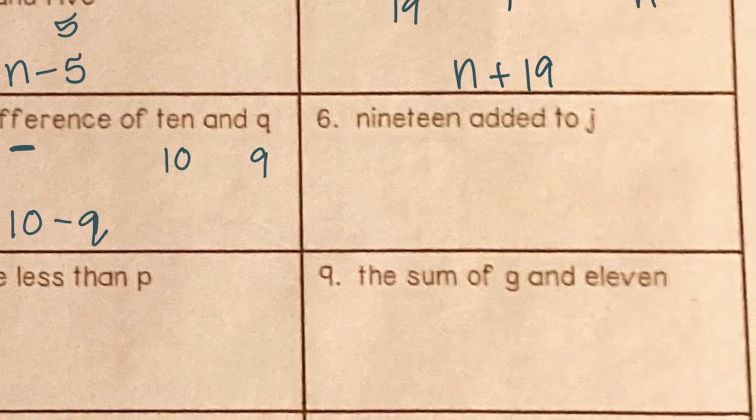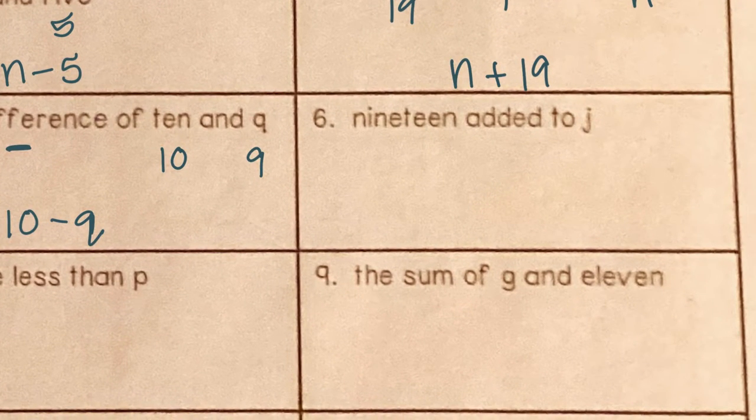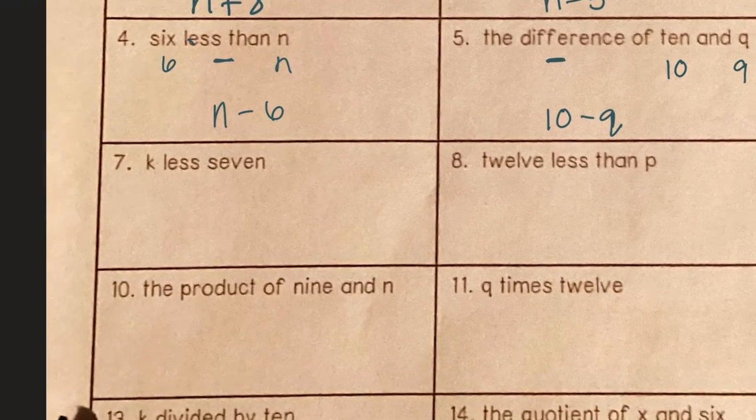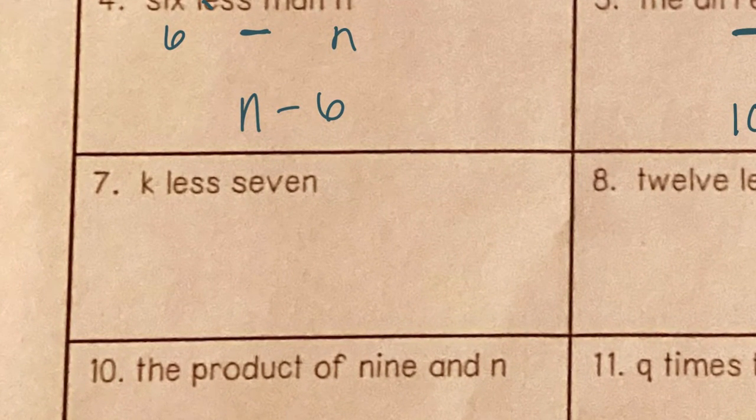Number 6, 19 added to j. 19 plus j. Since it's saying that 19 is being added to j, we could put j first and have the 19 come afterwards, because we're adding that 19 to j, whatever j's value is. For number 7, k less 7. So that means k minus 7.